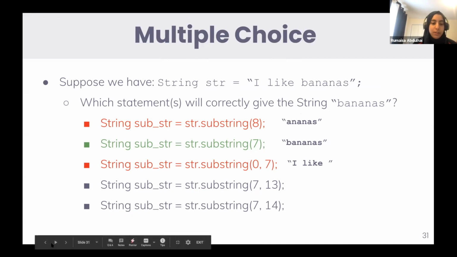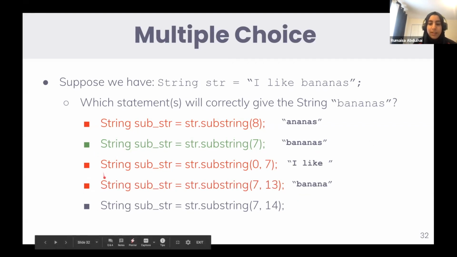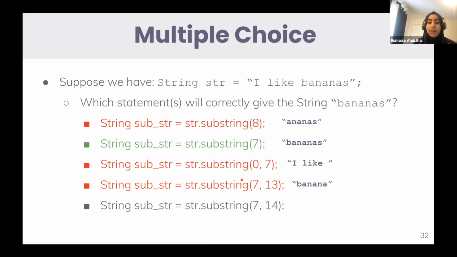Yep. So what about the next one? Yeah. The reason this one is not correct is that you start at index 7 and you end at index 13. So let's do this.